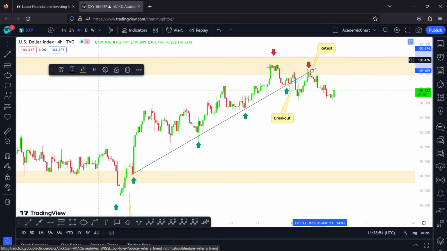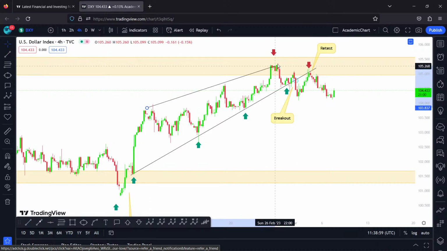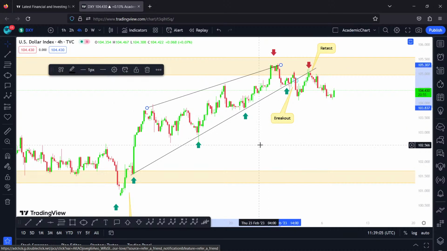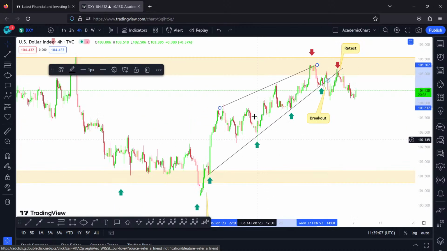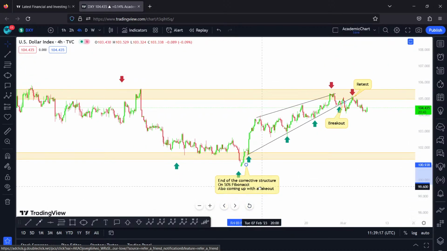Let me also try to draw something like this. Not so fancy, but you can see that it is also creating some sort of a rising wedge. So this impulsive wave in the end, we know that this was the end of the very big corrective structure.